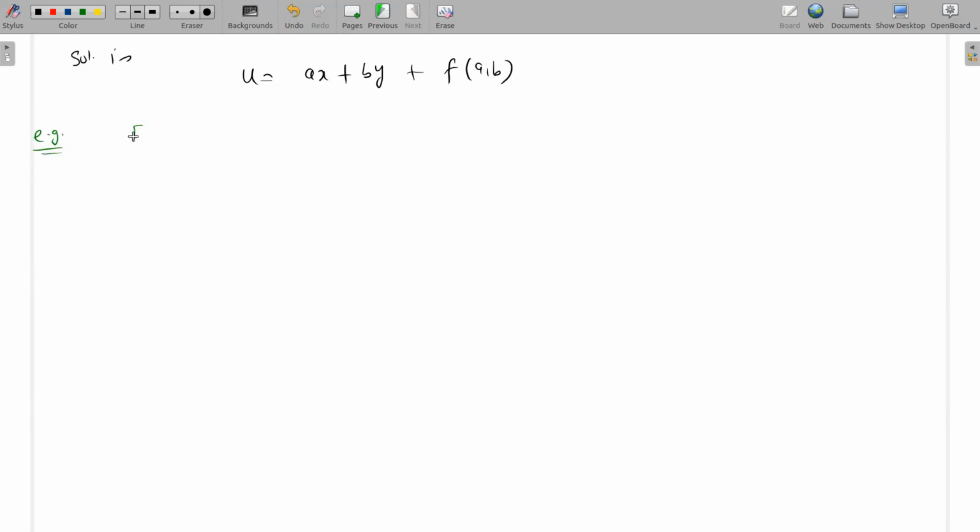For example, find a complete integral of p plus q.